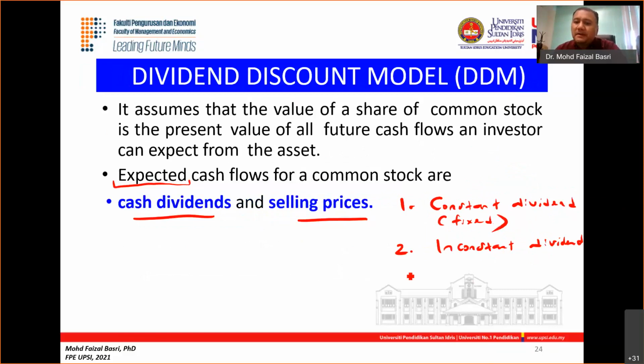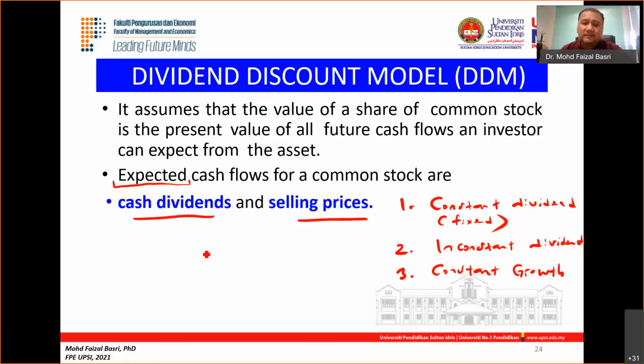The third model is known as constant growth. The constant growth model means the dividend will grow from time to time, but at a specified growth rate.